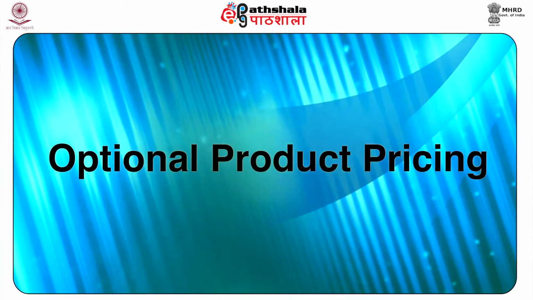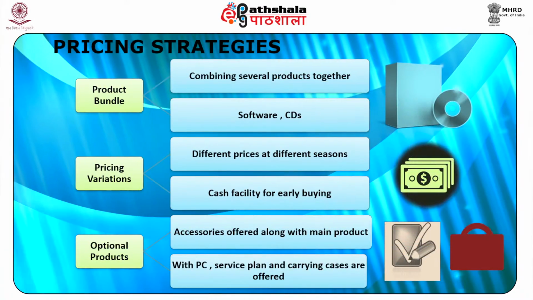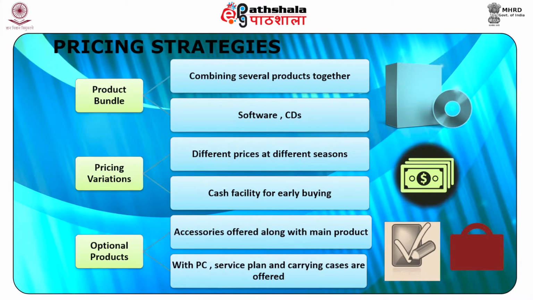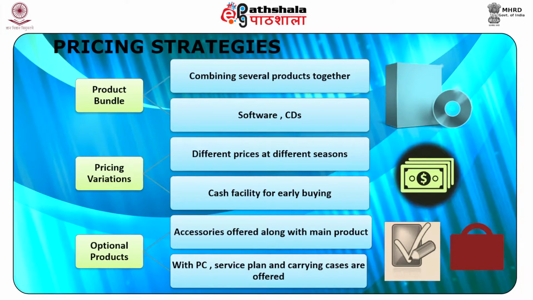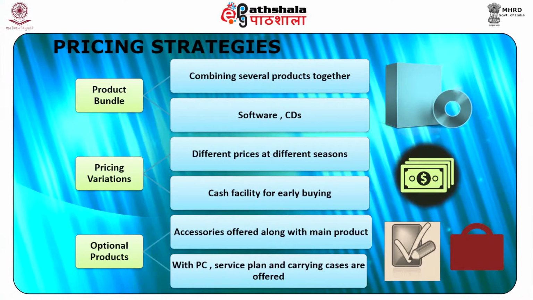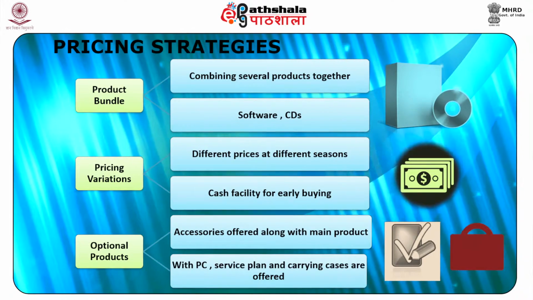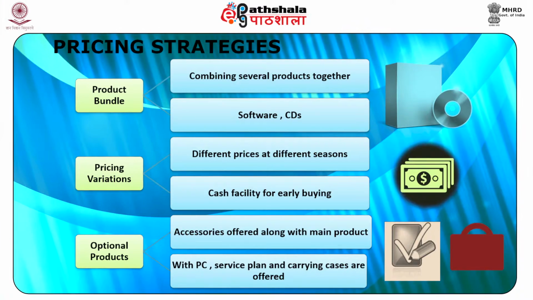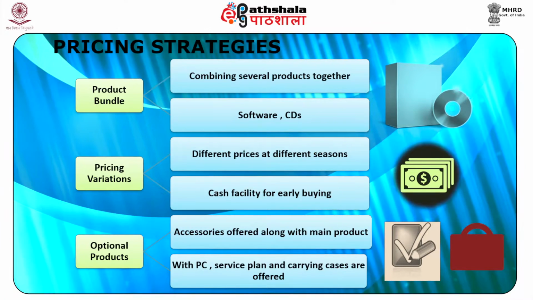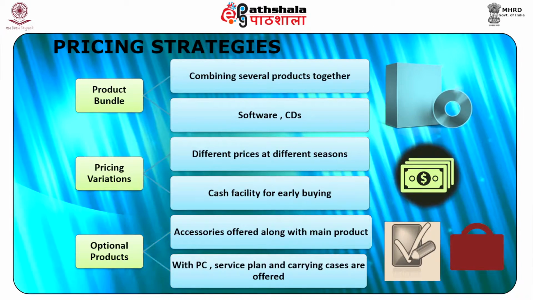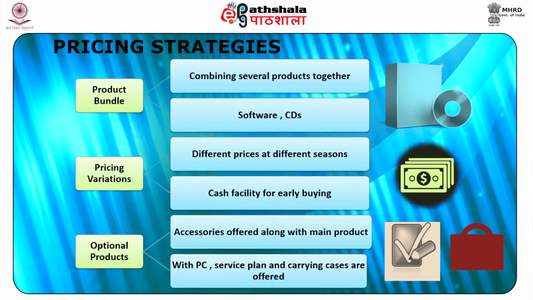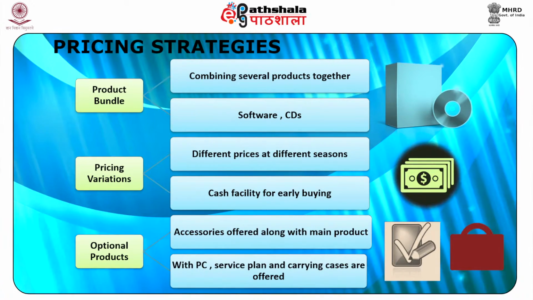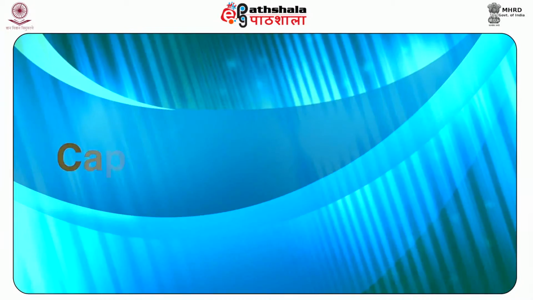Optional product pricing. Optional products are accessory products offered along with the main product. Firms need to decide which item to include in the base price and which to offer as options. For example, in case of PC, there are software options, service plans and carrying cases.